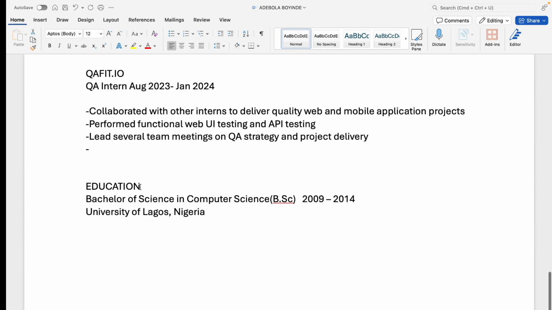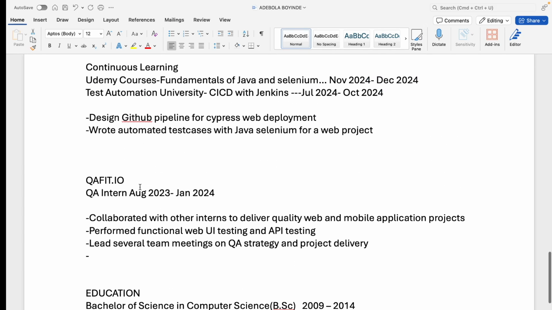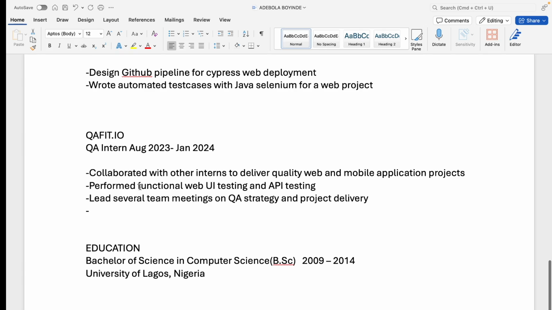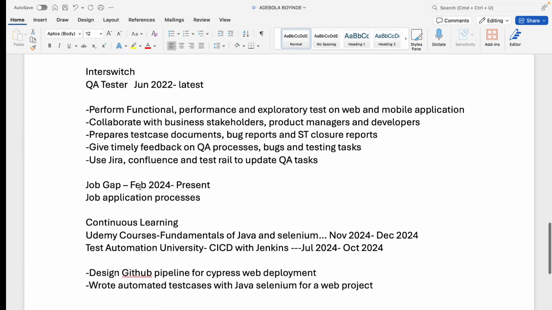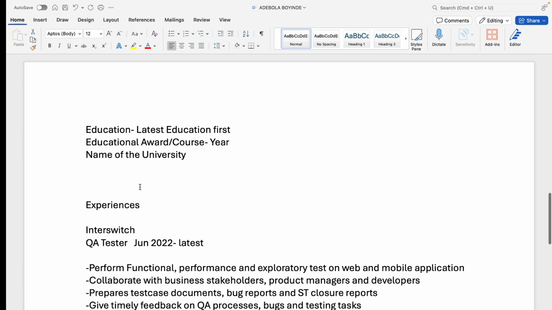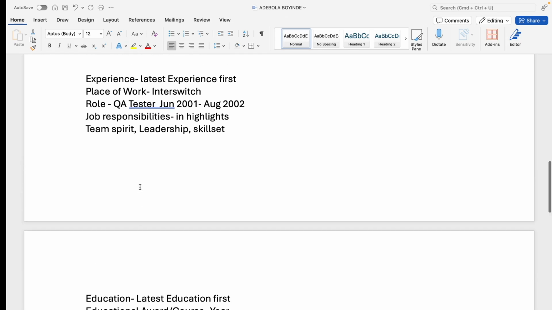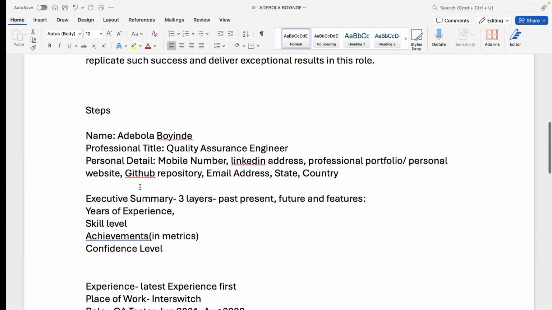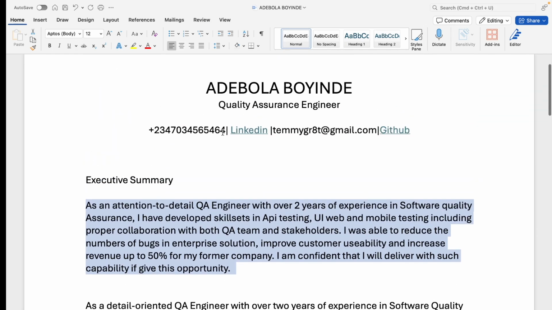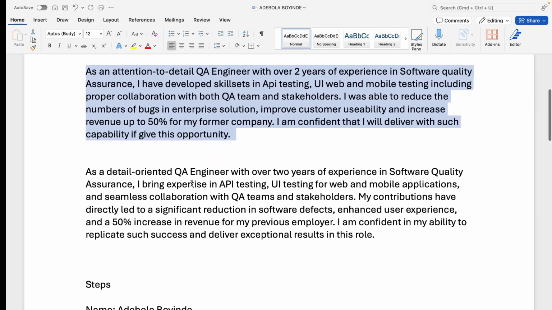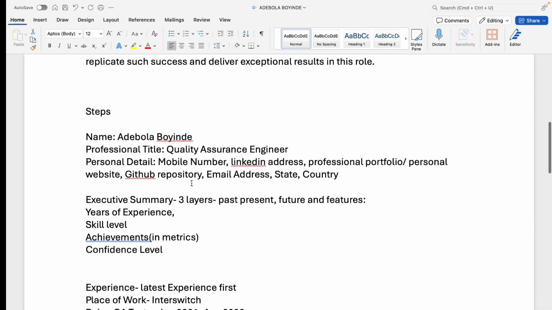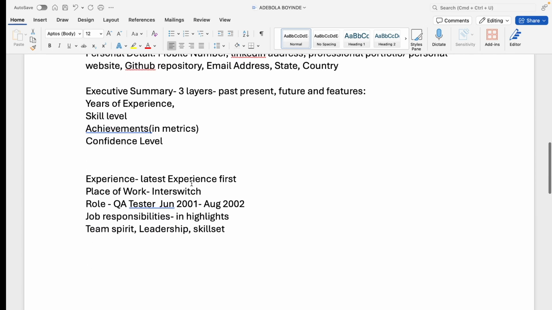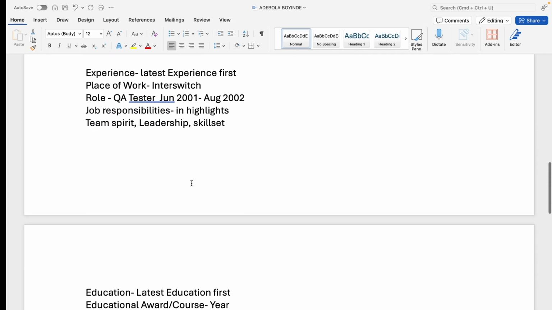Now, moving on to what we are looking at in the third class. What we are looking at in the third class today has to do with how you write other aspects of your resume, right? We have different segments: your name and information, personal profile that we talk about, your executive summary, your experience section.